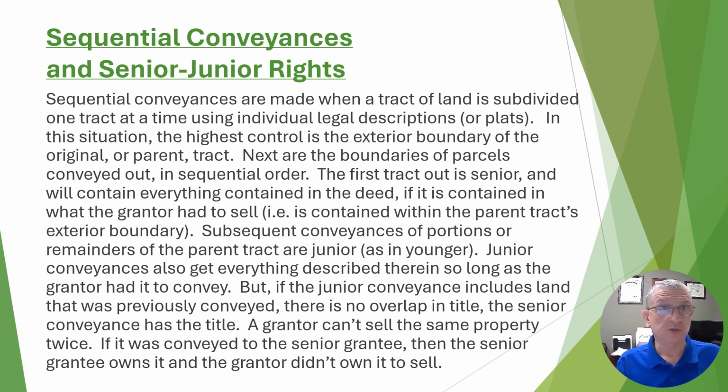He or his successors didn't own it to convey a second time. So you can't sell the same property twice. So the one that's senior, the one that's in line first, gets it. If he accidentally conveys it later by virtue of some choppy legal description or survey that overlaps it in place, the overlap is absorbed and dissolved by senior rights.